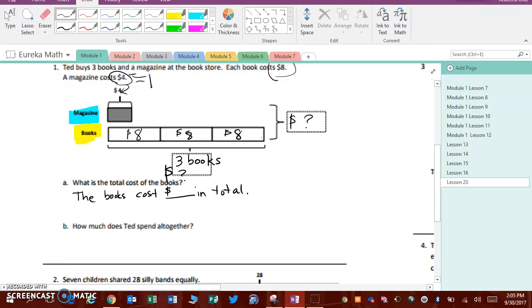Pretend the magazine part is just not even there. So find your groups. So you're going to show 3 times the size of the group, which is $8, equals what? 3 groups of 8. If you need to, draw an array to help you. Skip count by 8s or skip count by 3s, you should get $24. So I'm going to fill that in my answer sentence.